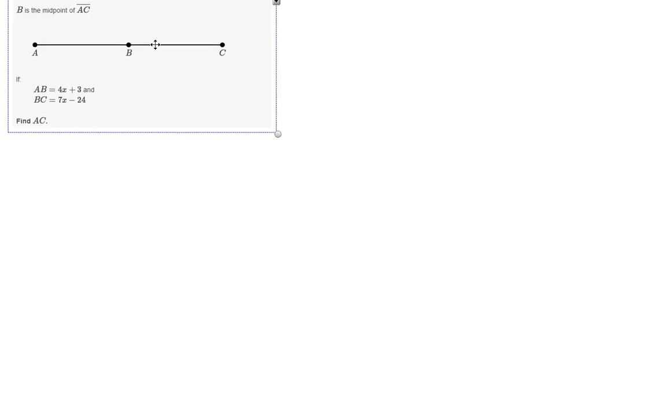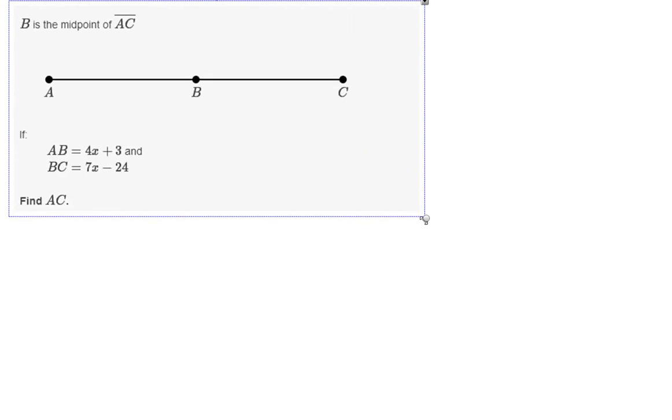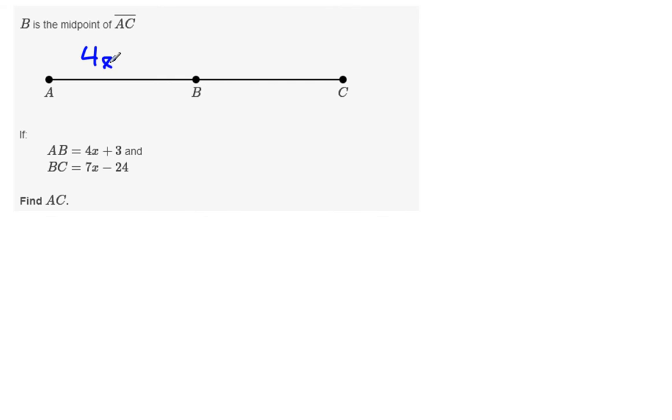So what this says is B is the midpoint of AC, so this is our midpoint, and we have 2 equations for our 2 segments. So this over here is 4x plus 3, and this is 7x minus 24. So we want to find the length of AC.